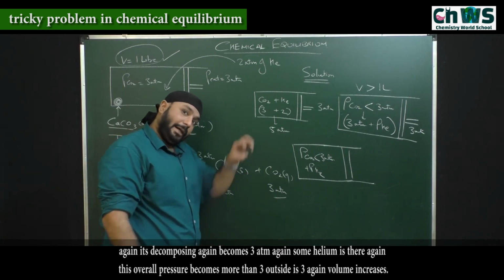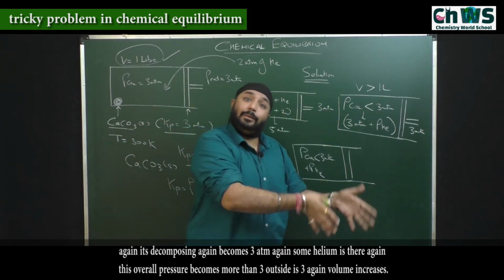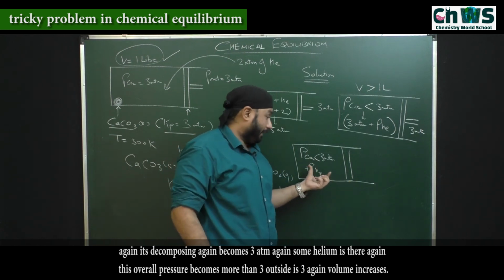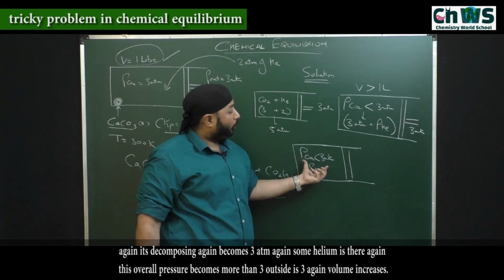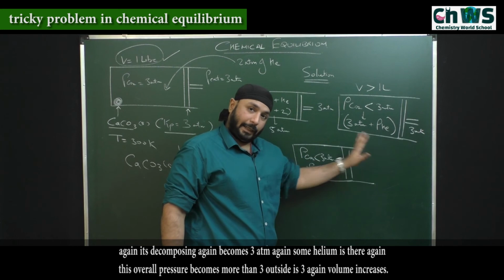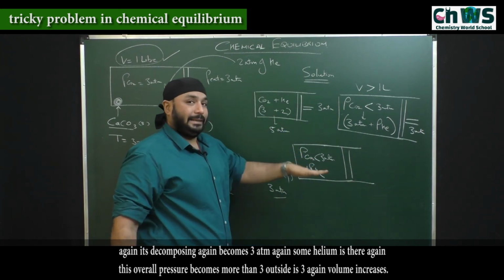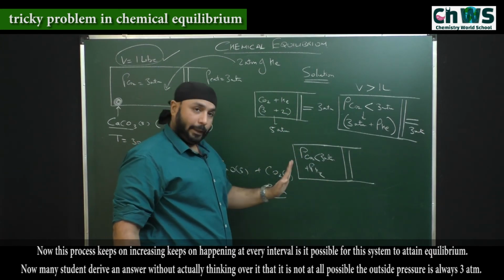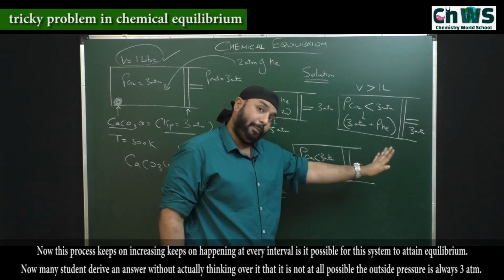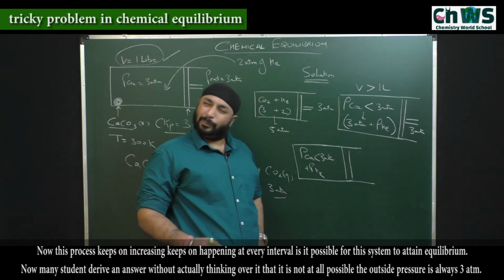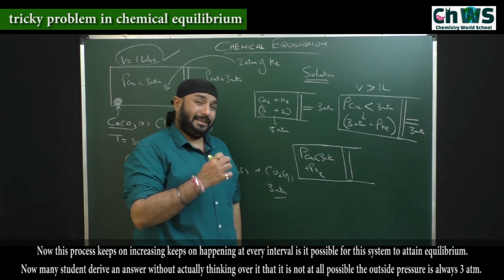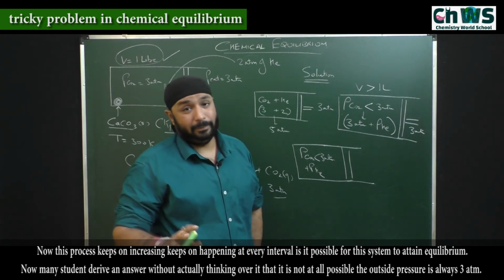Again it's decomposing, again it becomes 3 atm, again some helium is there, again this overall internal pressure becomes more than 3, outside is 3, again the volume increases. Now this process keeps on happening at every interval. Is it possible for this system to attain equilibrium?